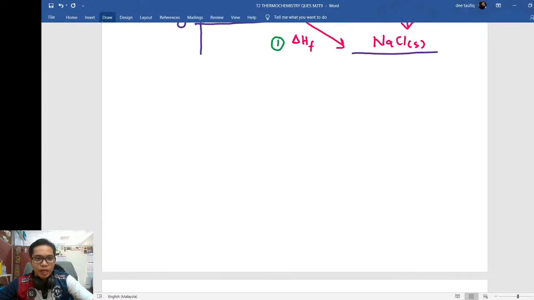So based on our diagram yang kita dah lukis tadi tu, ada nombor 1 kat sini.